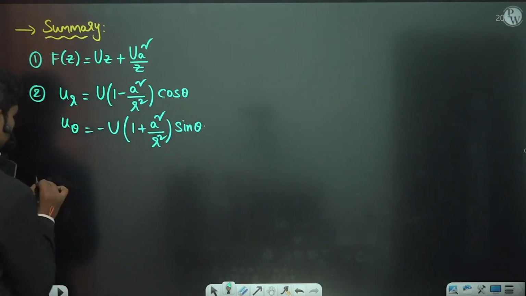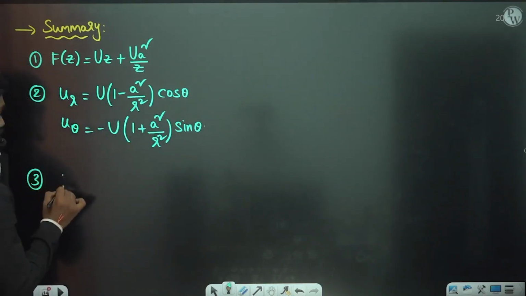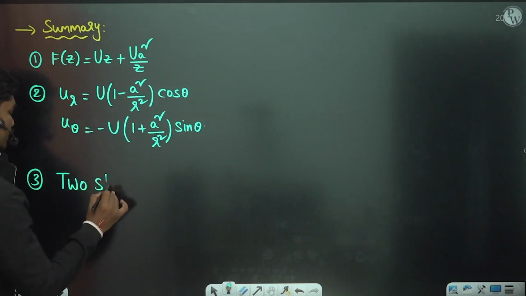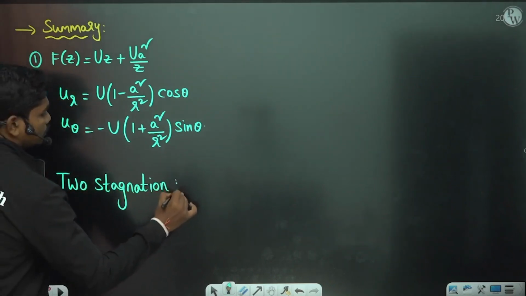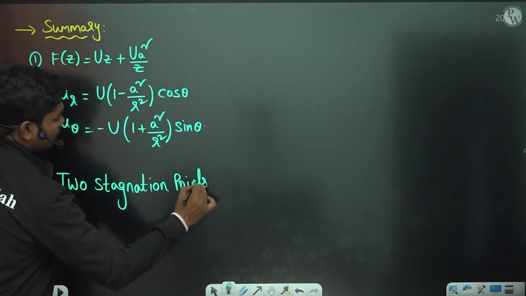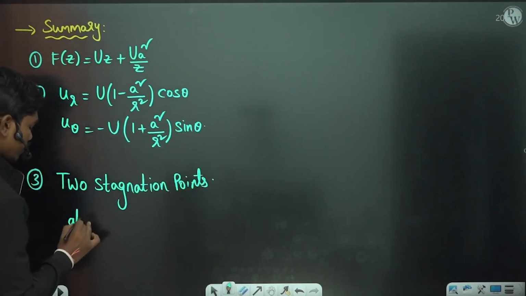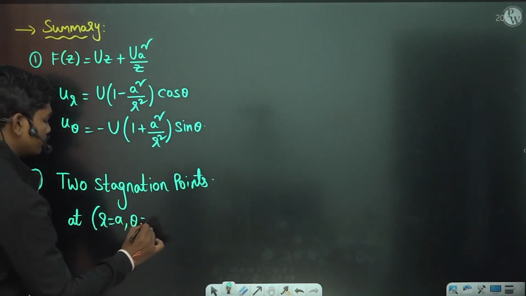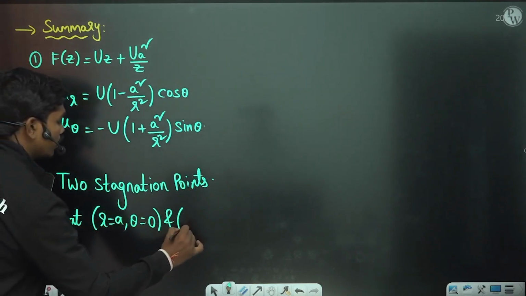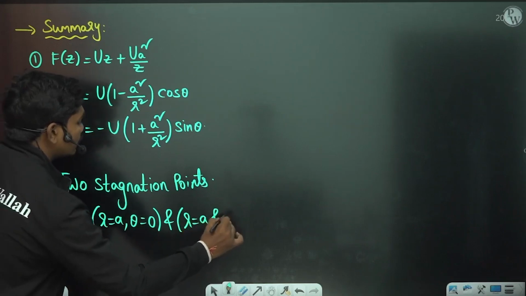Then we have seen the case of stagnation points, 2 stagnation points, and what are the locations? At r equal to a, theta equal to 0, and r equal to a, theta equal to pi.